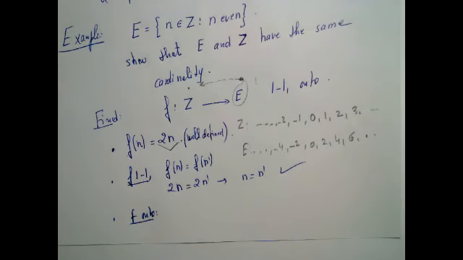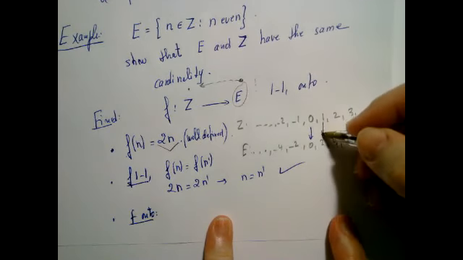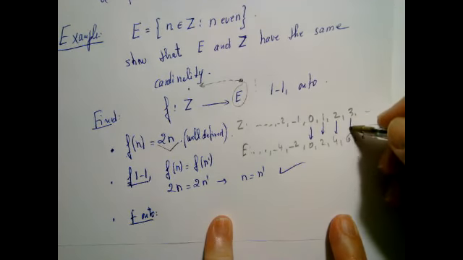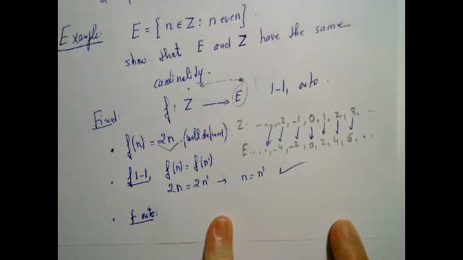Yes or no? And you want to write a good little proof. What's the function? Send 0 to 0, 1 to 2, 2 to 4, 3 to 6. That's really the function that we are constructing.